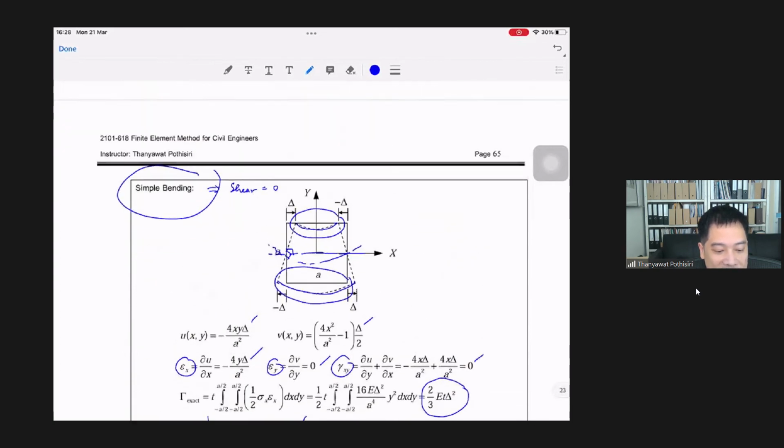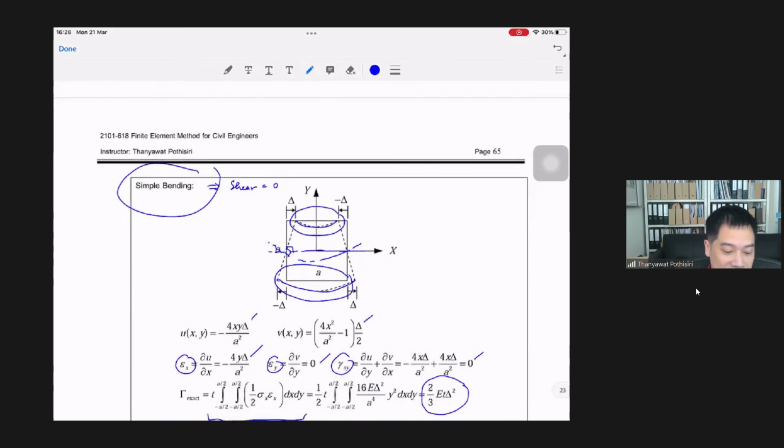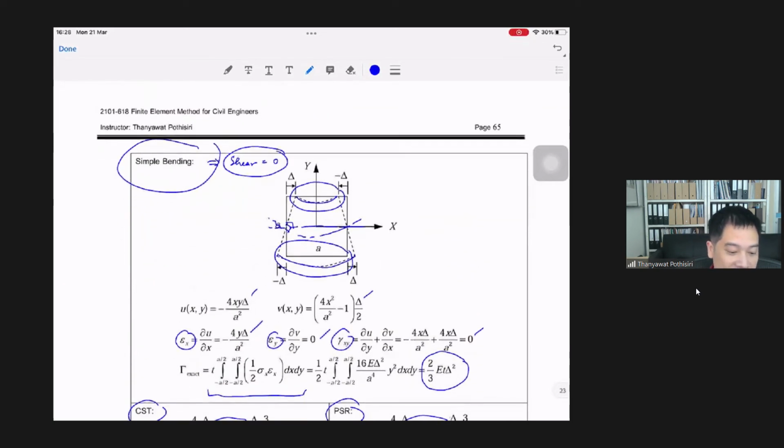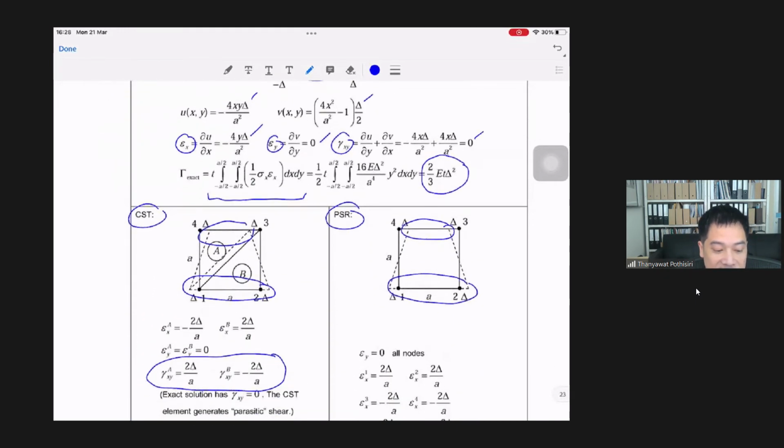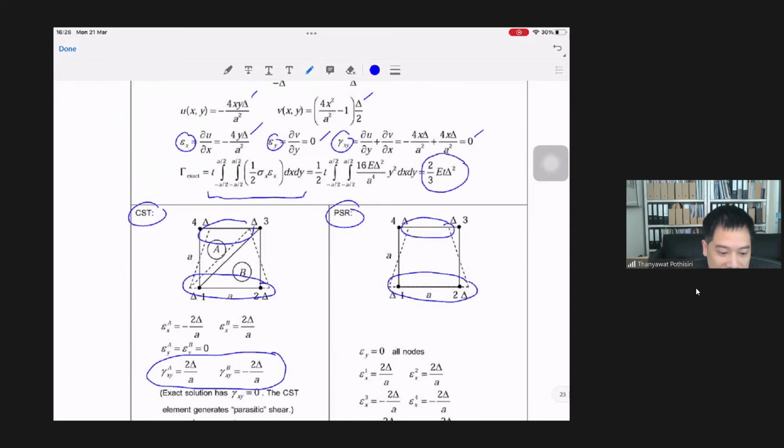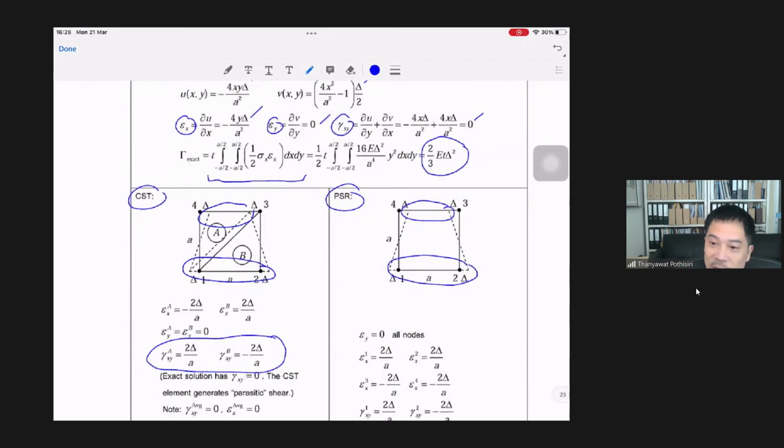Now in simple bending, in the actual problem for simple bending, shear should be 0. But by using this kind of element, okay, you are essentially inducing or imposing shear onto your structure unintentionally, okay?